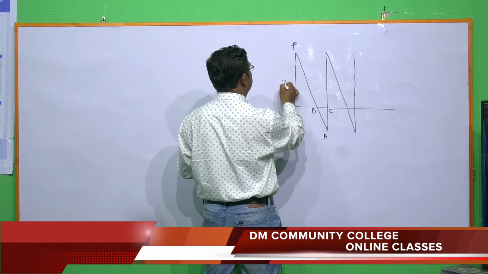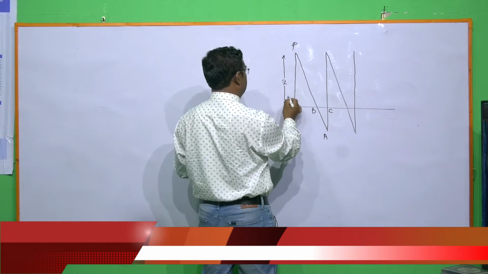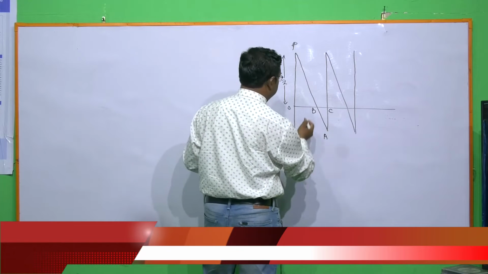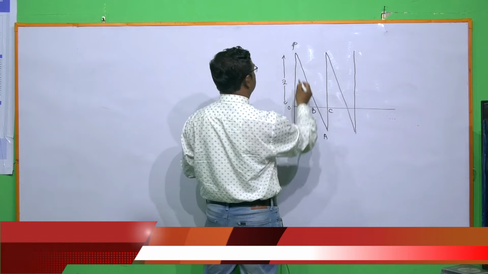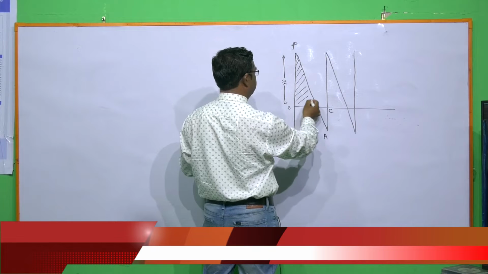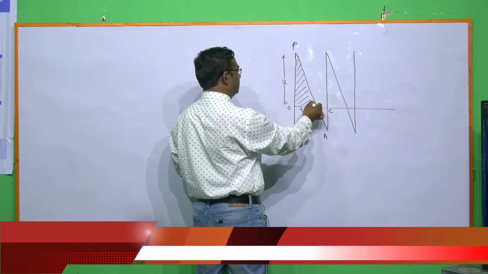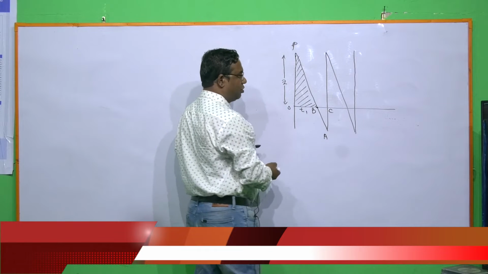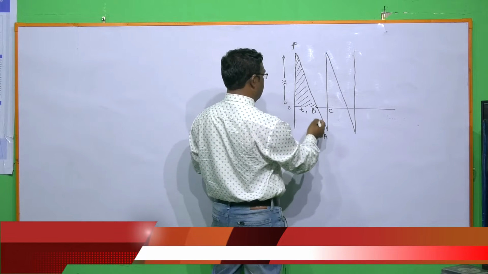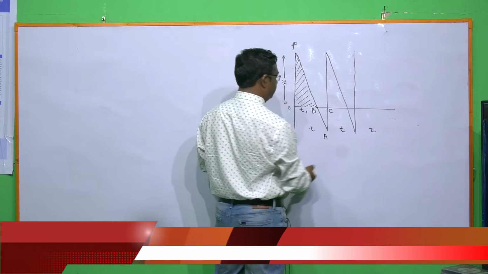Z is the initial level of the order. This is the inventory level. At the end of time T1, the inventory level becomes 0, and T be the time interval between successive runs.